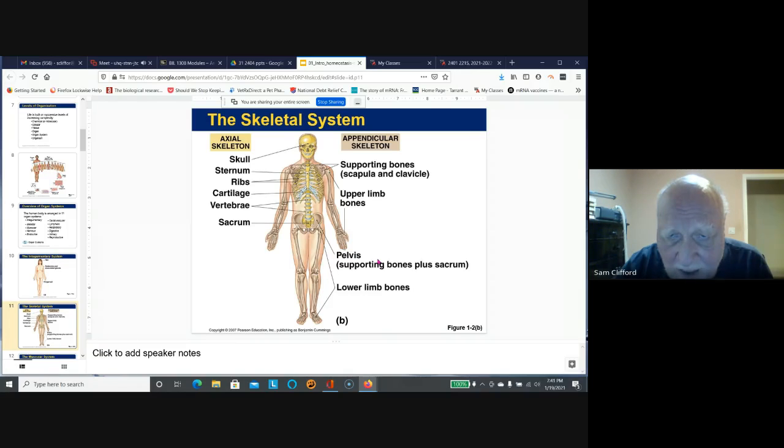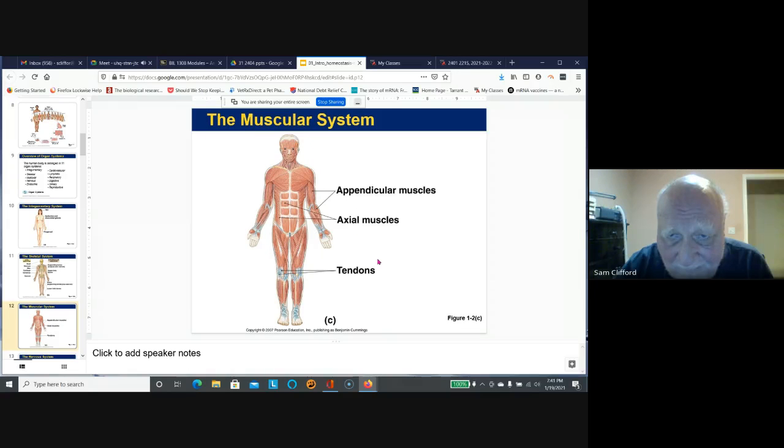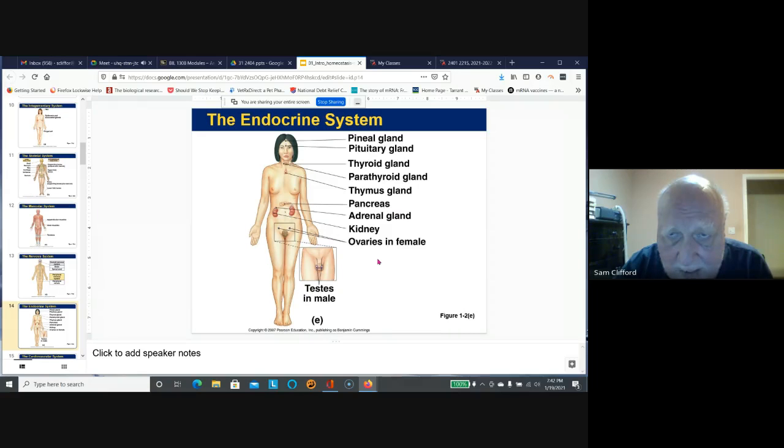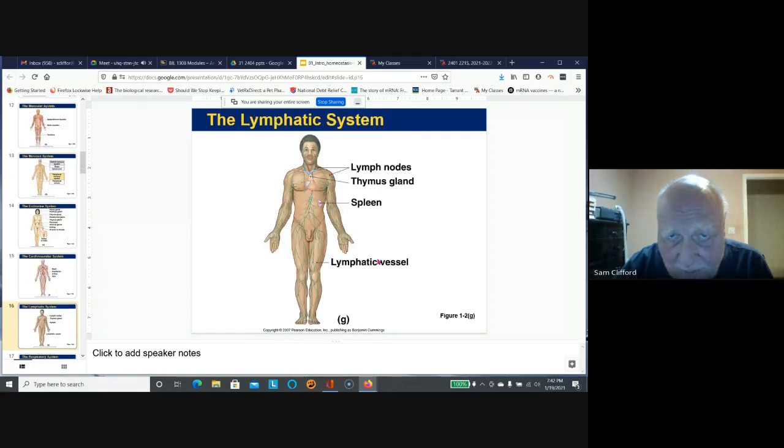We'll have to know a lot of these bones. We'll learn a bunch of muscles. We'll learn about the brain and the spinal cord, the peripheral nervous system, and so on. We'll not learn about the endocrine system in this course. So we don't have to worry about that.